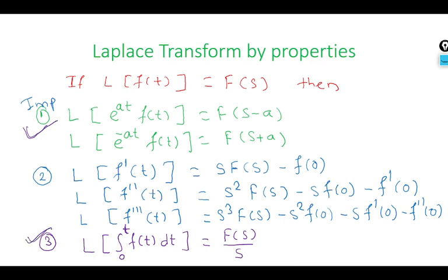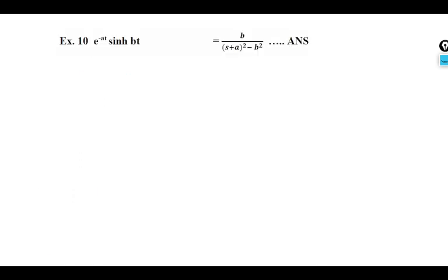Then the most important is 1, then important is 3, and second is the least important, mainly for the numericals, but at the time of application the second property is required. So you should remember these formulas. If you are able to remember these formulas, then only you can solve the examples. So let me see a few examples from the handout only.